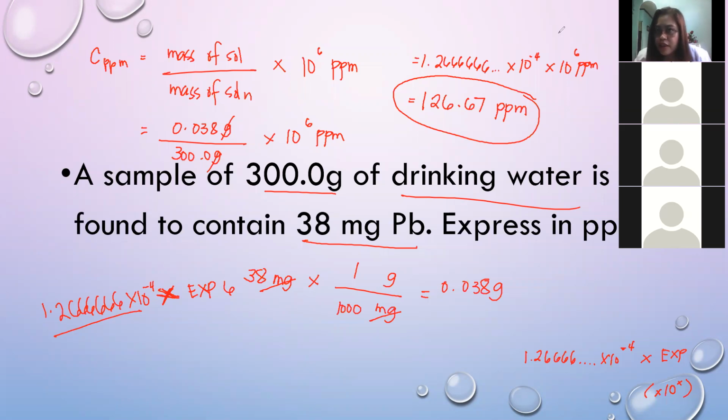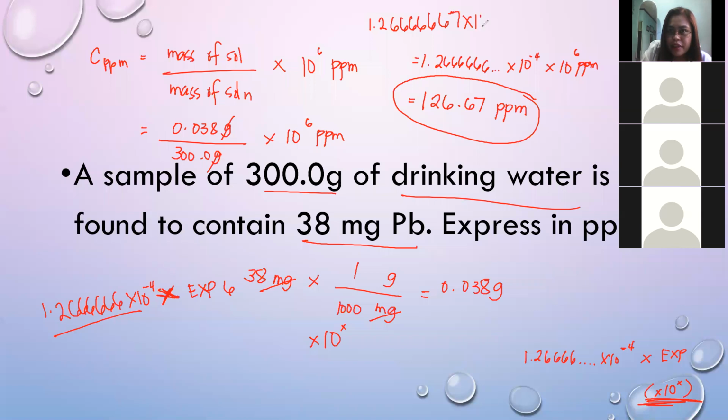If you don't have EXP, you can use this one: times 10 raised to the power of x. You also have the option to use the arrow up.